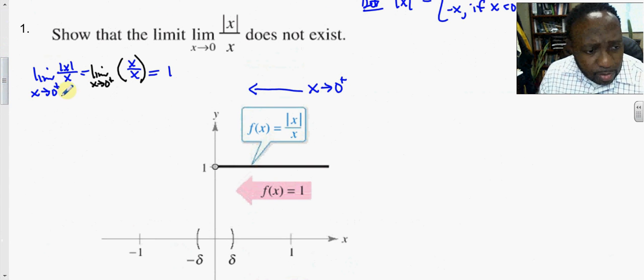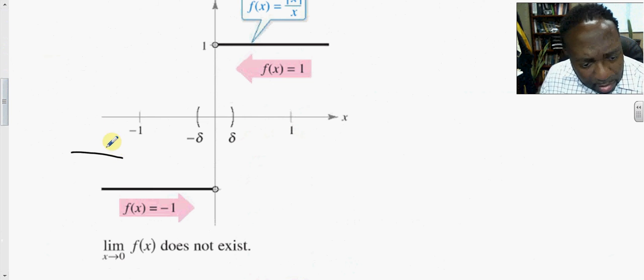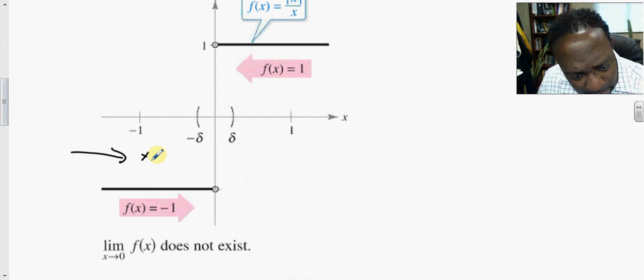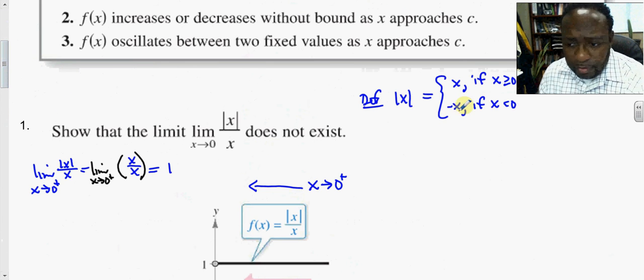So as x approaches 0 from the right side, the values for x are positive, so we get just x divided by x. But as x approaches 0 from the left side, we have to use the second part of the definition for the absolute value.